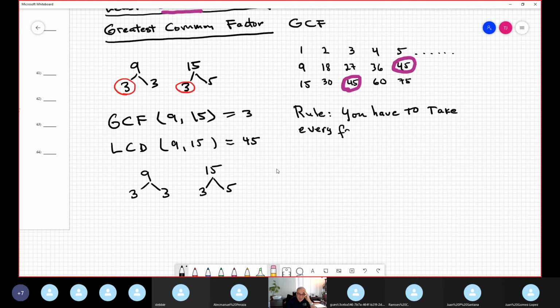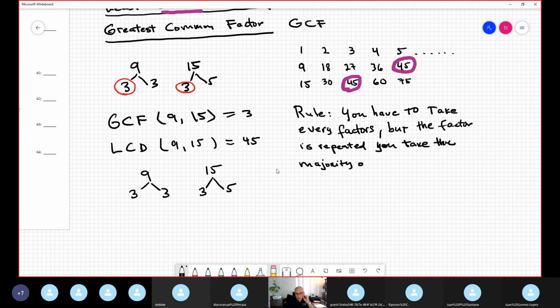Every factor, but if the factor gets repeated, you take the majority. So, according to the rule, you take every factor. You take 3 and 5. It's the only factors we have in our problem.